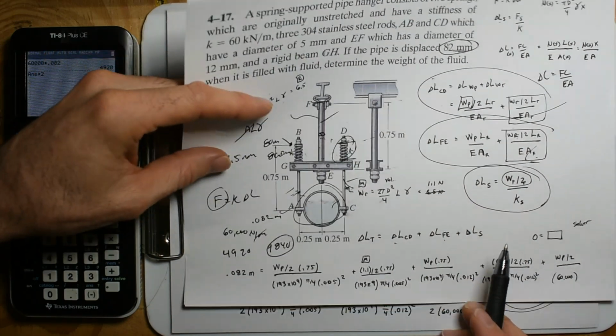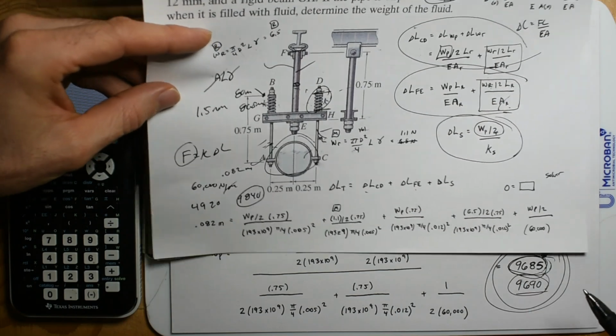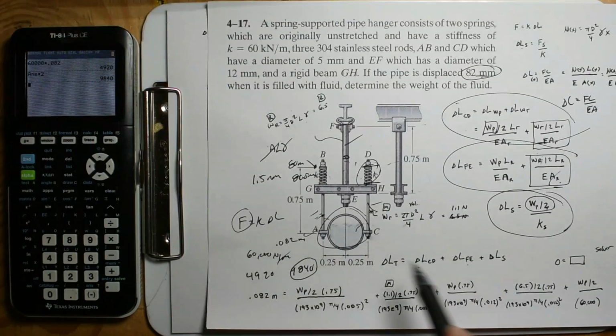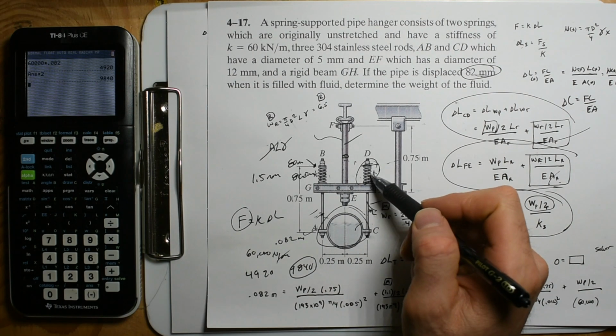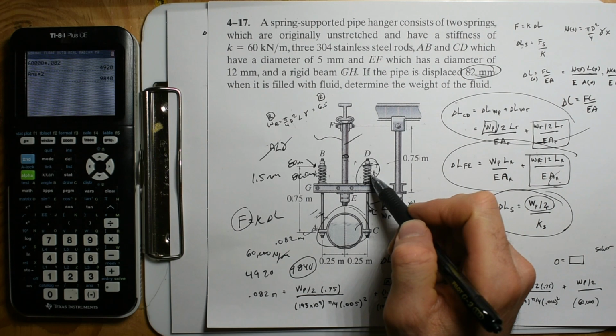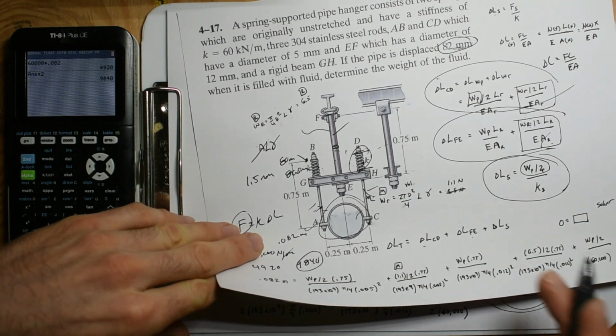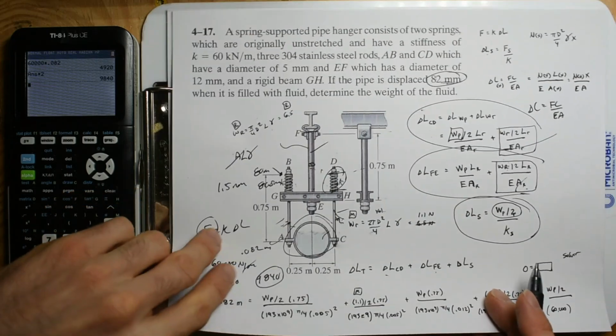So if we take that into consideration, it does change it. I can't even wrap my mind around why that would be a lower number compared to just saying the 82 millimeters of deflection is just in the springs. Is it a lower number? Yes. But yeah, kind of an interesting problem.